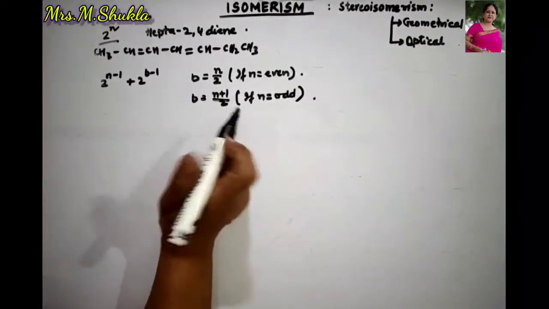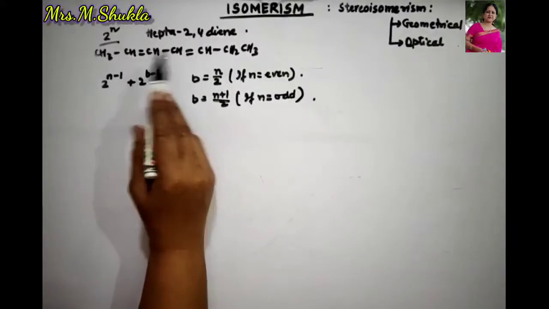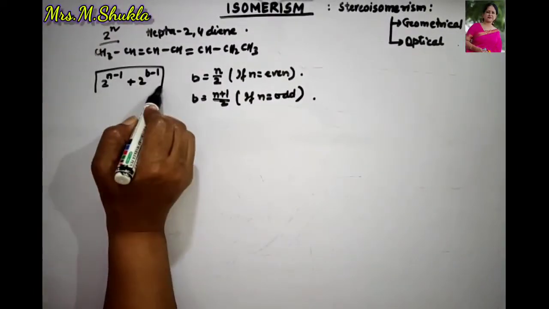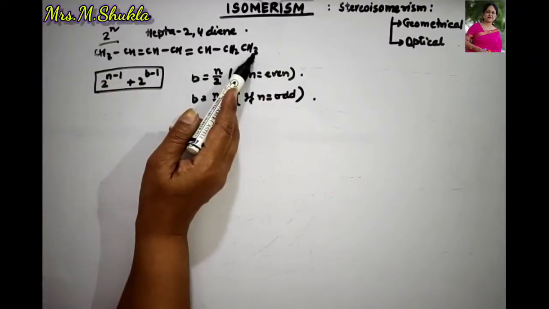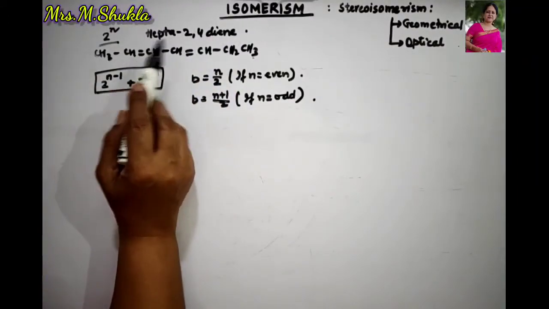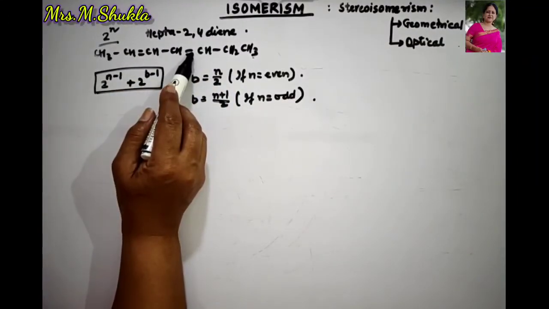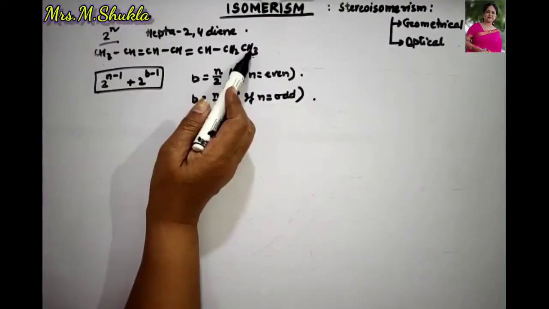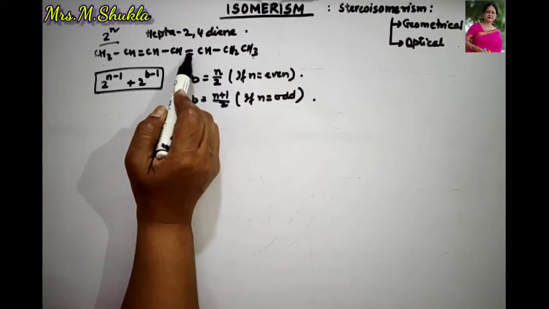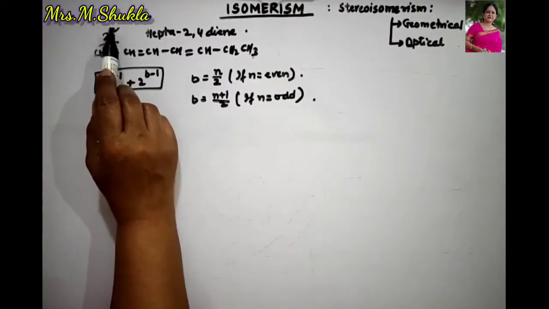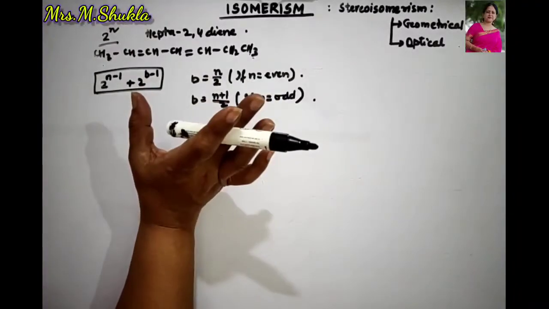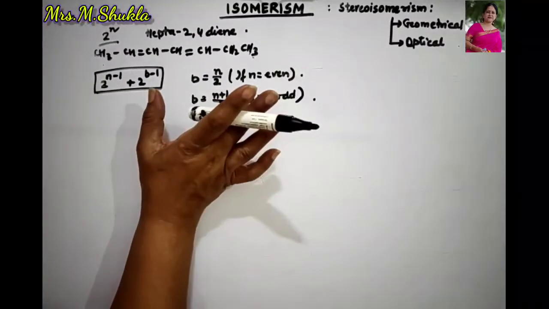Is that clear? And what is n? I hope you know that, it is the number of double bonds. So this formula is to be used when the ends of a compound which has more than one double bond are not the same. But if the ends are the same and there is more than one double bond, then we are going to use 2^n as the formula to find the number of isomers.